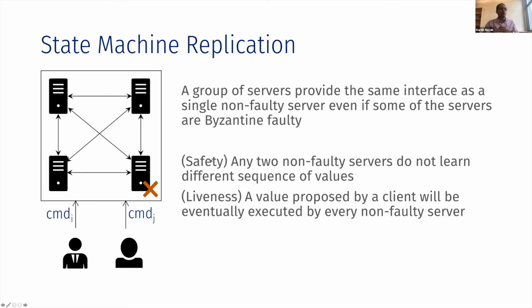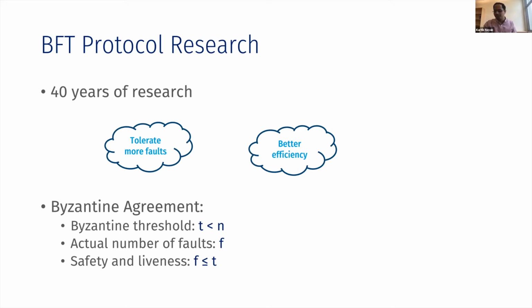So there's been a lot of work in this space in consensus, Byzantine agreement, and state machine replication, and there's 40 years of research on this topic. A lot of focus has been on designing protocols that can tolerate a large number of faults. So for example, in terms of notation, I'm using T to denote the tolerance: T out of N of these parties can be Byzantine.